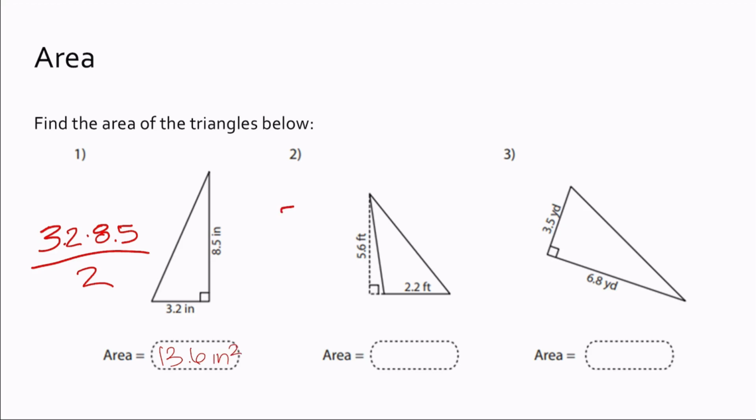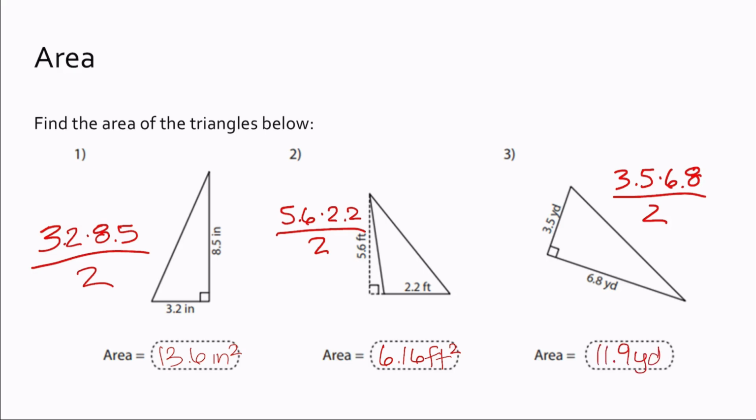And then here we have 5.6 times 2.2 divided by 2, so we get 6.16 square feet. And this last one, we have 3.5 times 6.8 divided by 2, and we get 11.9 square yards.